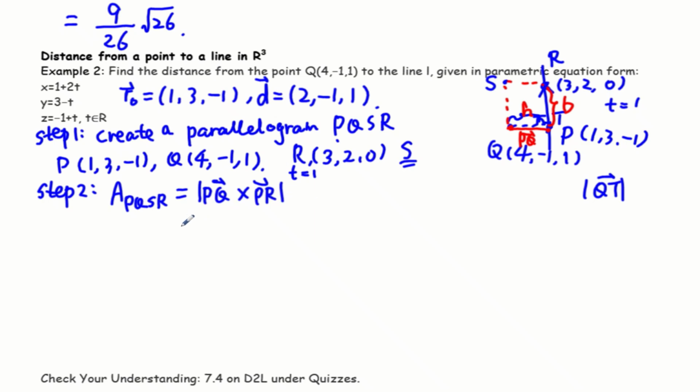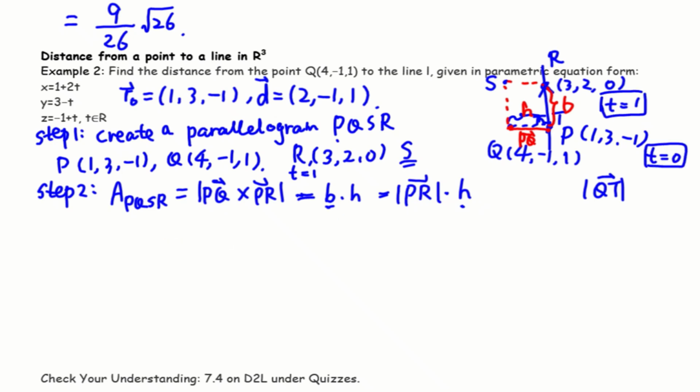Then from this one, we know the area also equals base times height. So the base is just the magnitude of PR. We have the 2 points already, so we are able to find the magnitude of the base. Then we times H. Once we have this cross product, we just move the PR magnitude to this side and we are able to solve for the H. So H is our shortest distance from Q to PR.